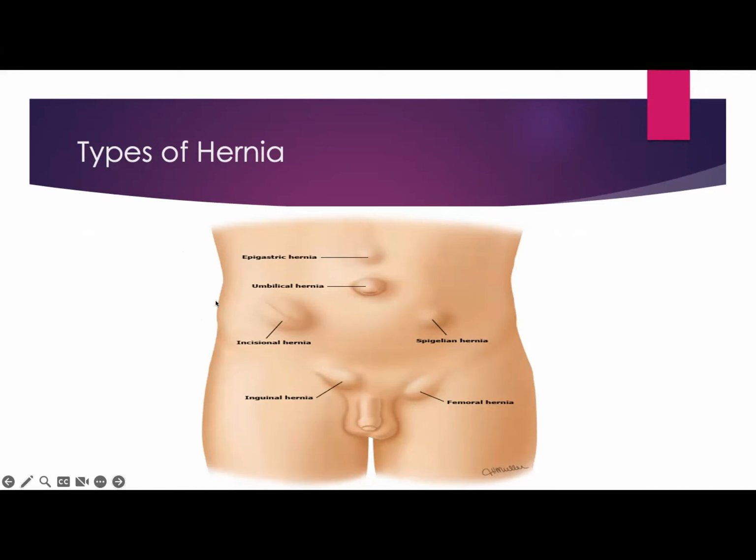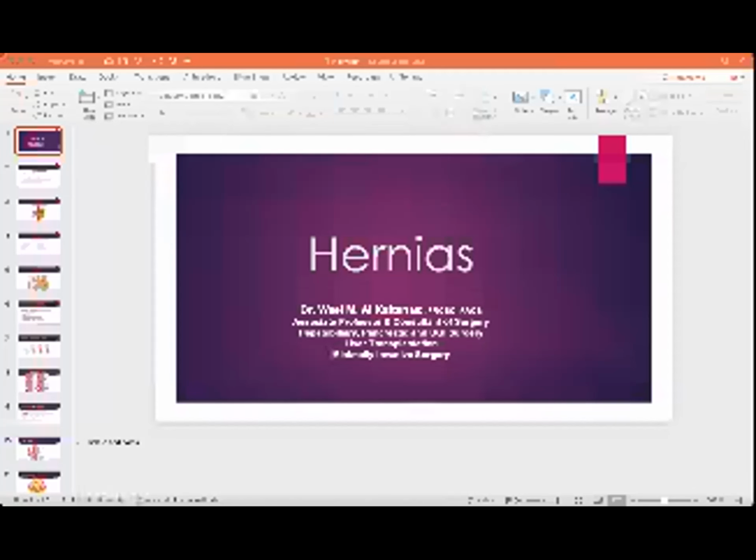We have the incisional hernia, which is related to previous surgeries, occurring on top of surgical scars. We have the umbilical hernias, which are at the umbilicus. We have the epigastric hernia, which is any hernia above the umbilical line. And the Spigelian, we will talk about in more detail later.